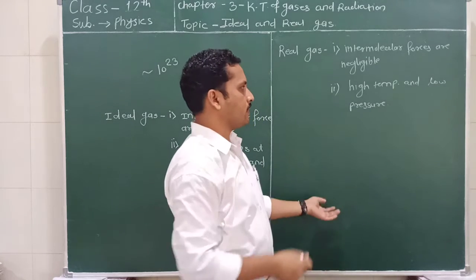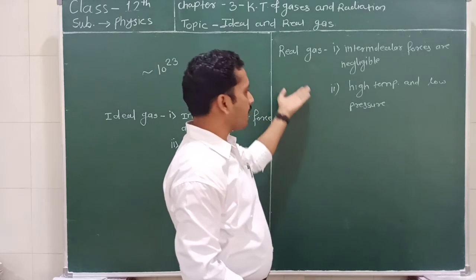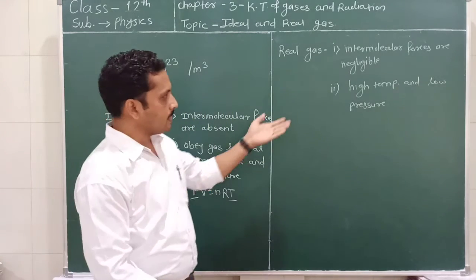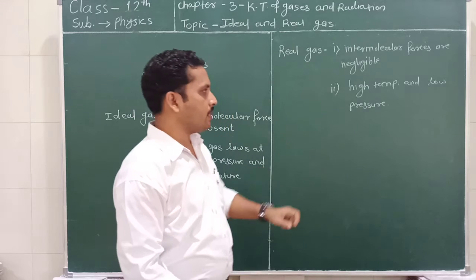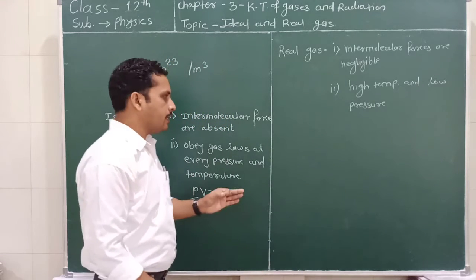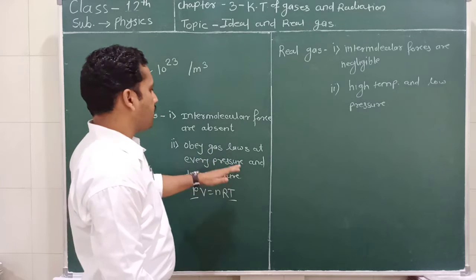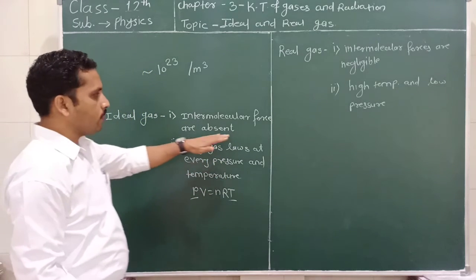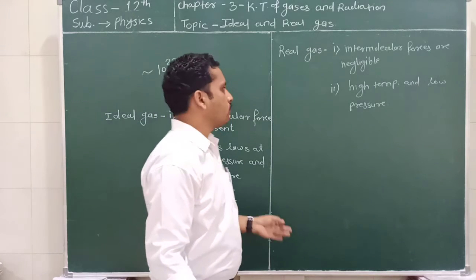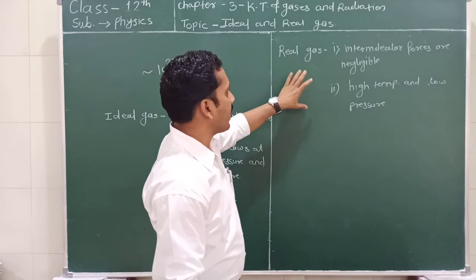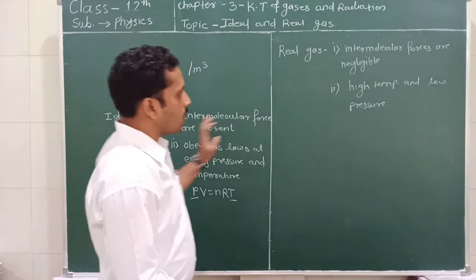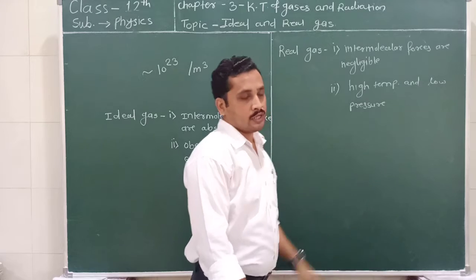The real gas can behave like an ideal gas, because as the temperature increases or the pressure decreases, the intermolecular forces between the molecules go on decreasing, and they become absent. If the intermolecular forces are absent, then it is the ideal gas. So the real gas can behave as an ideal gas at high temperature and low pressure.